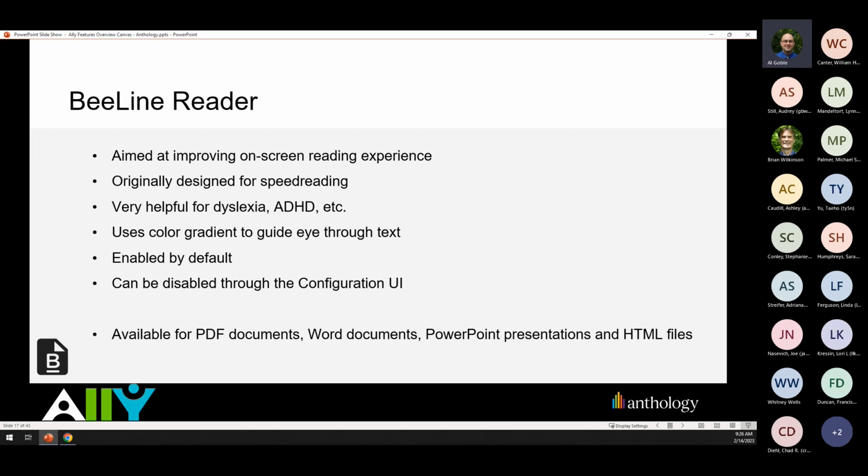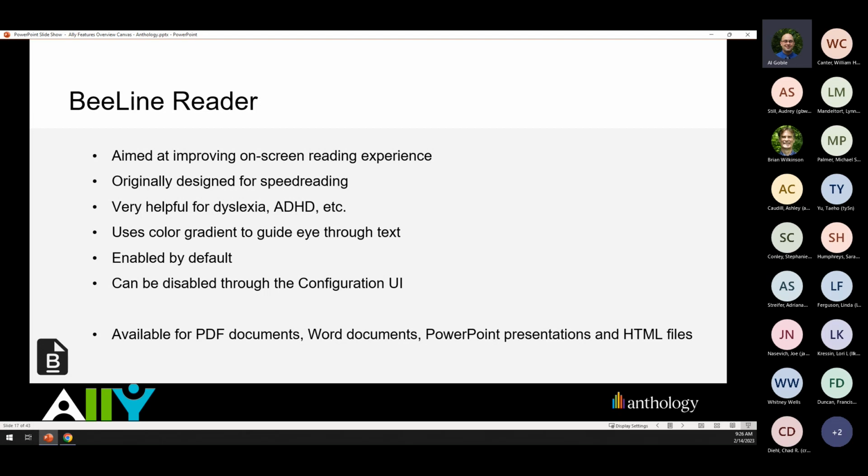Now, I forgot to mention when we started, a lot of the alternative formats are automatically available, and you cannot turn them off. The ones that we're going to talk about from here moving forward, you do have some options there. So the Beeline Reader is one that you can turn off, but it is on by default.